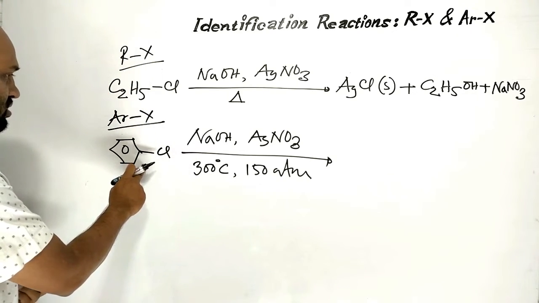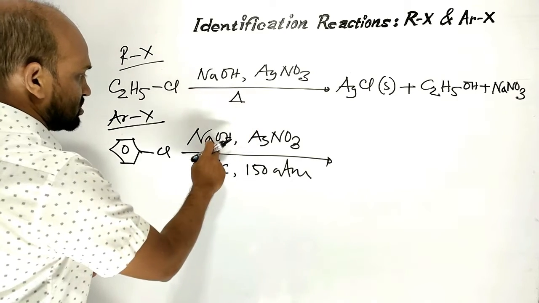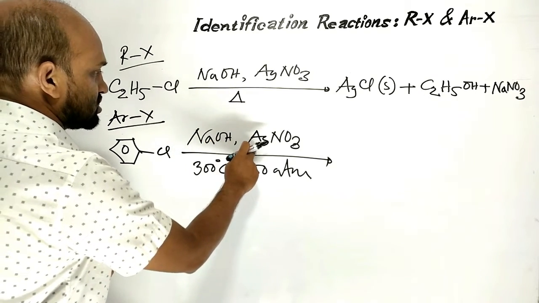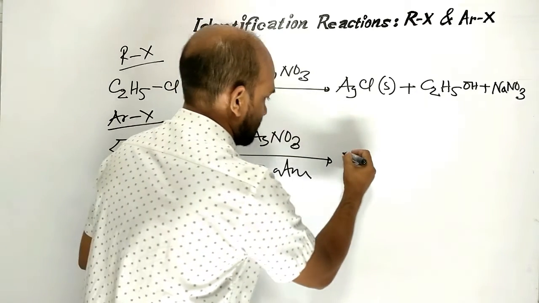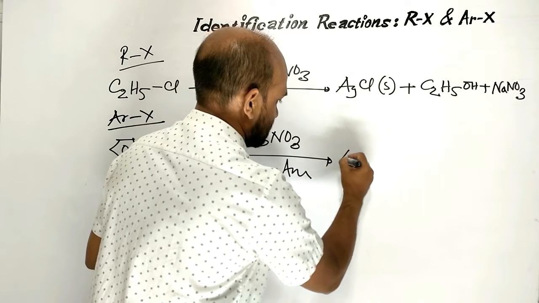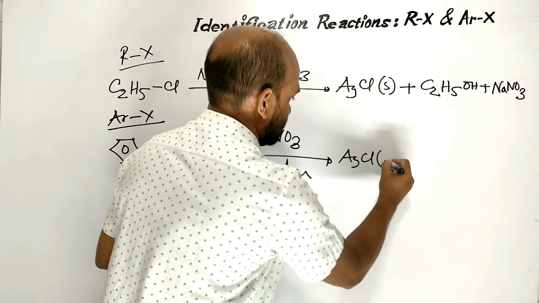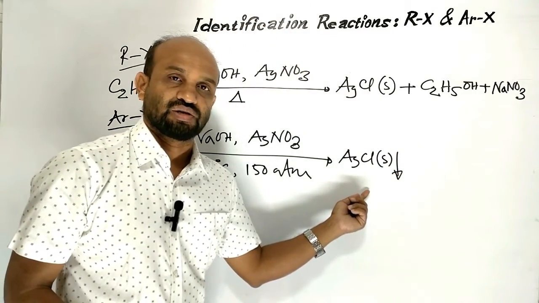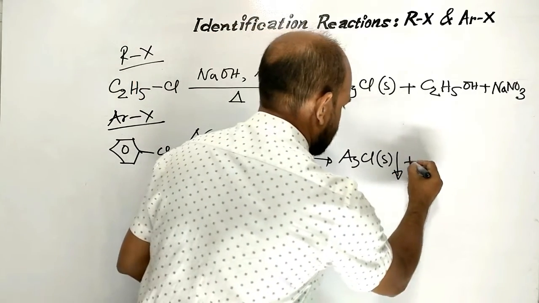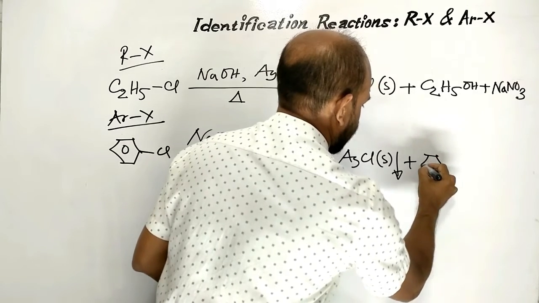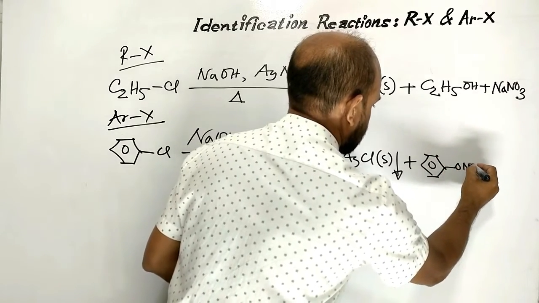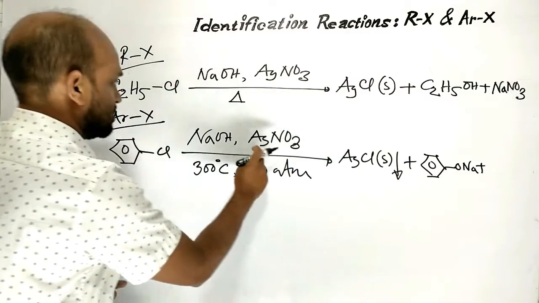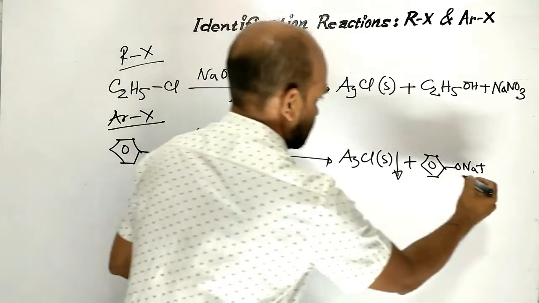phenyl chloride reacts with these reagents, sodium hydroxide and silver nitrate, and after the reaction silver chloride deposits as a white precipitate, and the byproducts are sodium phenoxide and nitric acid.